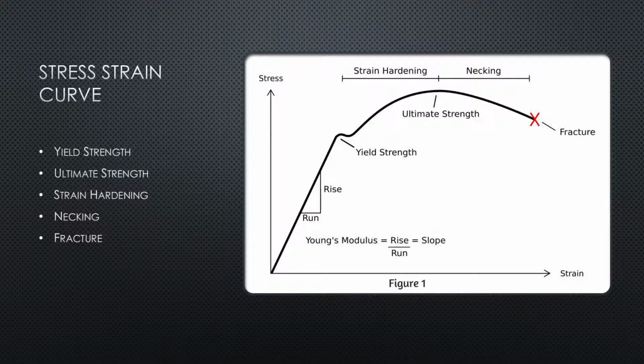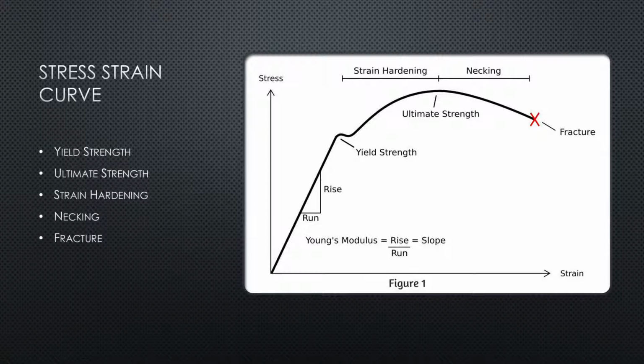A yield strength or yield stress is the material property defined as the stress at which a material begins to deform plastically. And the second one, there is ultimate tensile strength or ultimate strength. It is the capacity of a material or structure to withstand loads tending to elongate.